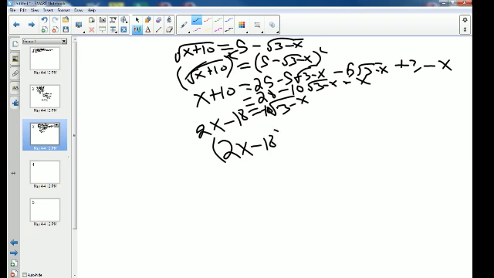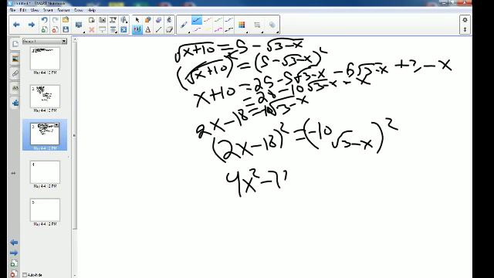So this becomes 2x minus 18 squared equals negative 10 square root of 3 minus x, squared. It's doing the thing again. So this side you FOIL simply. It'll become 4x squared minus 72x plus 324.